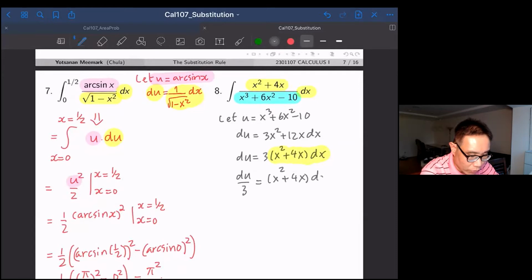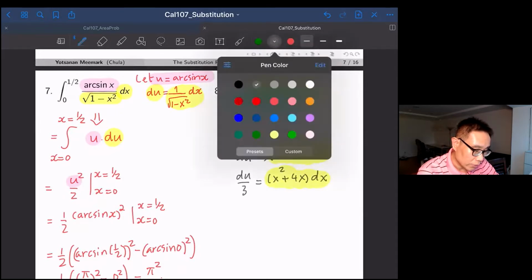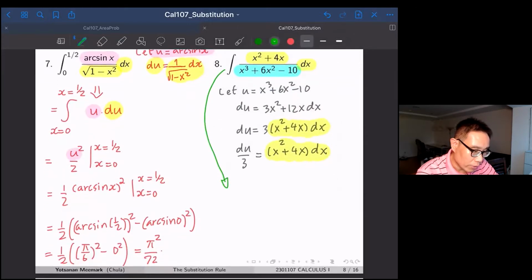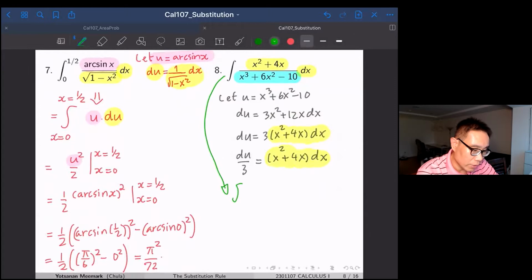Please notice something like this. It's gonna make your calculation a lot easier. So the substitution that you're gonna use is gonna turn out to be intricate. The yellow guy turned out to be du over 3, and the blue guy turned out to be u.